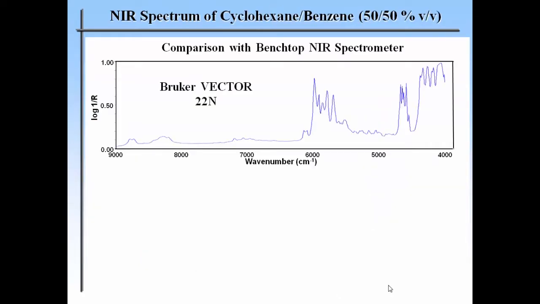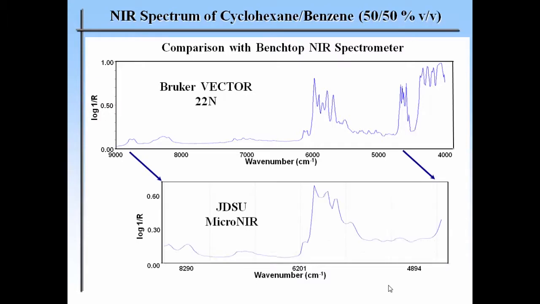To give you a feeling about the differences in spectral resolution between a benchtop instrument, such as the Bruker instrument and many other NIR spectrometers, which measure from 4,000 to 12,000 wave numbers.